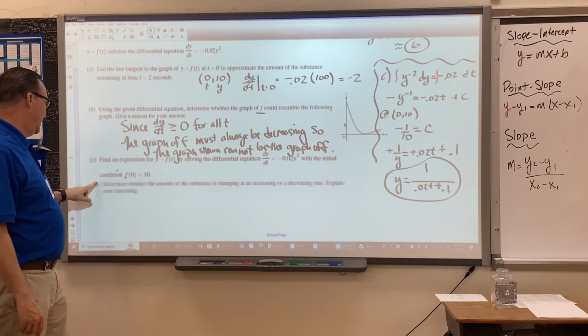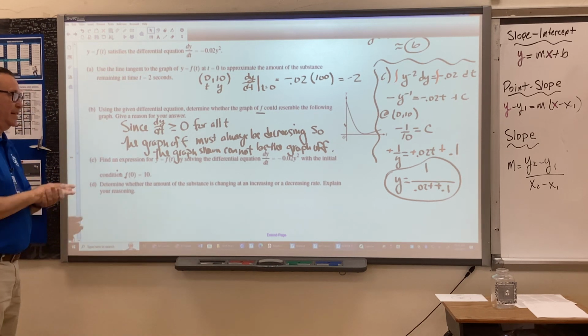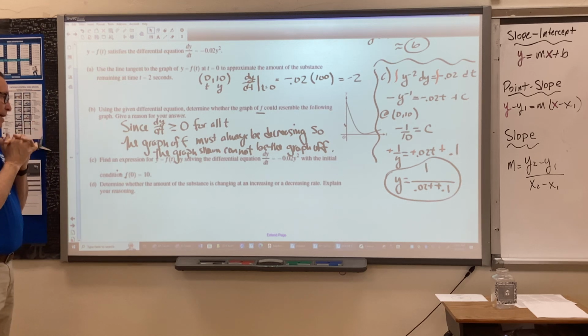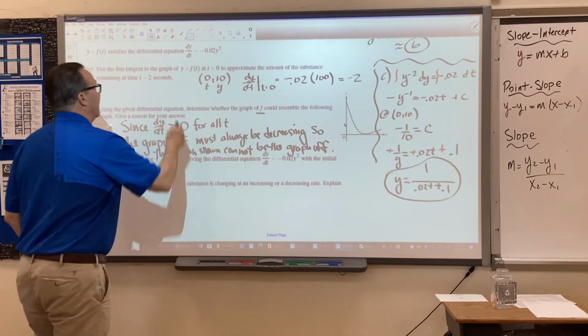This is a cruel one as well. Tell whether the amount of the substance is changing at an increasing or decreasing rate. So we want the rate of change of the rate of change. So we have to take the derivative of this.